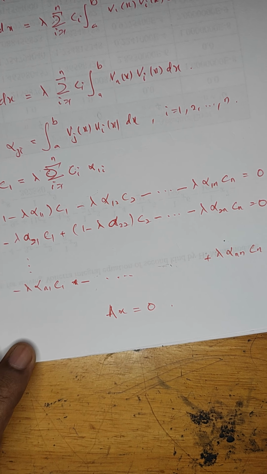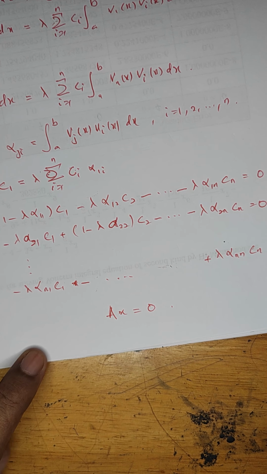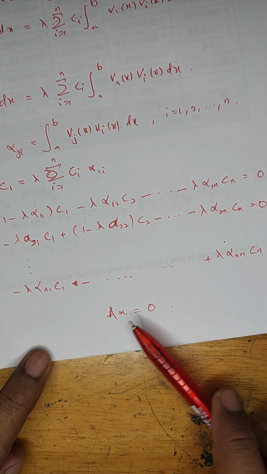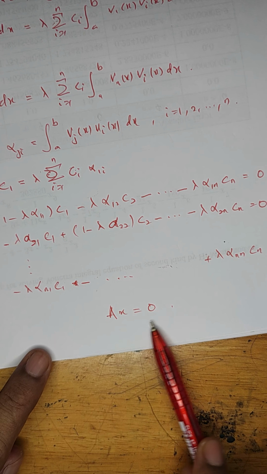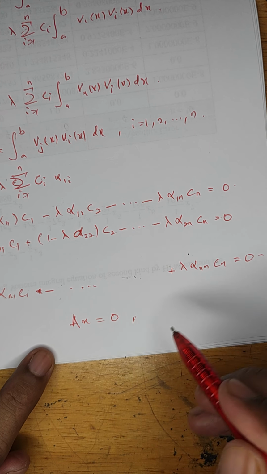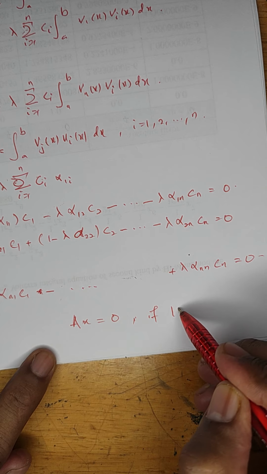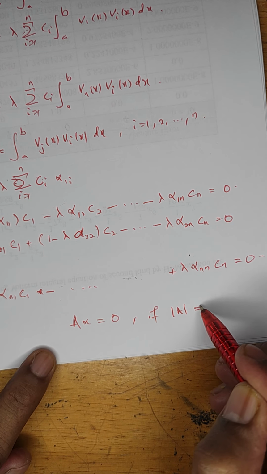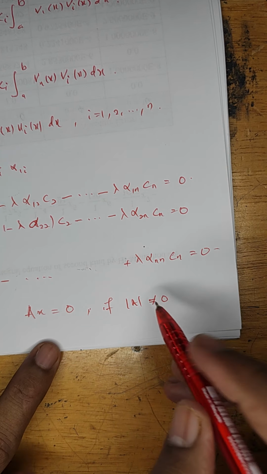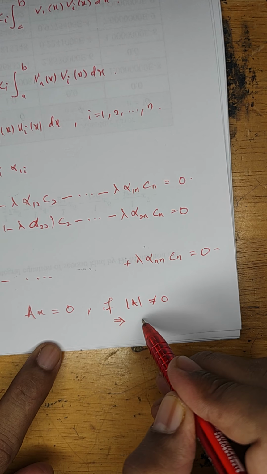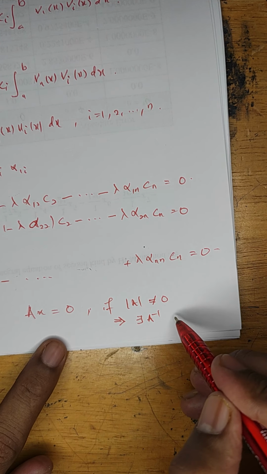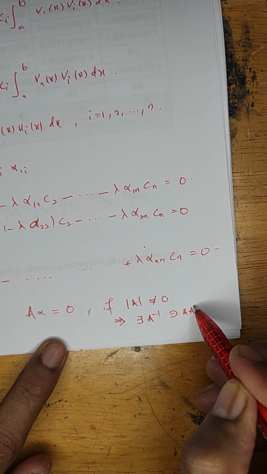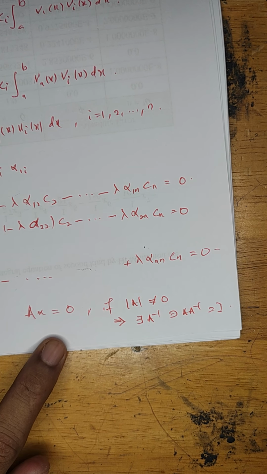We have a homogeneous linear system equal to 0, where from that it is easy to see that if the determinant of A is different than 0, then there exists an inverse of A such that A inverse times A gives you the identity.